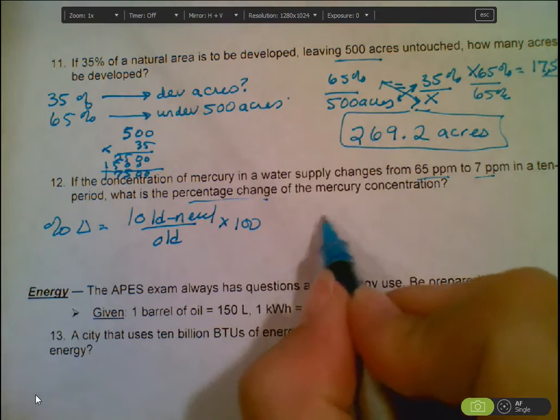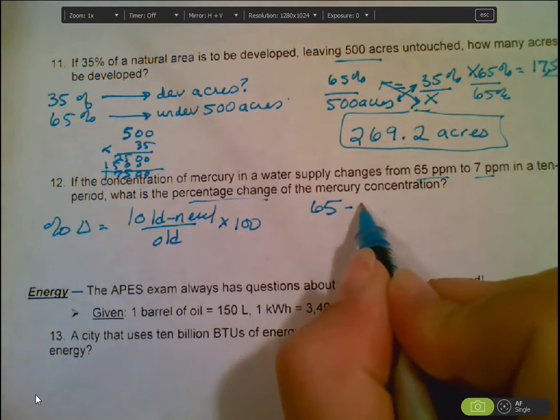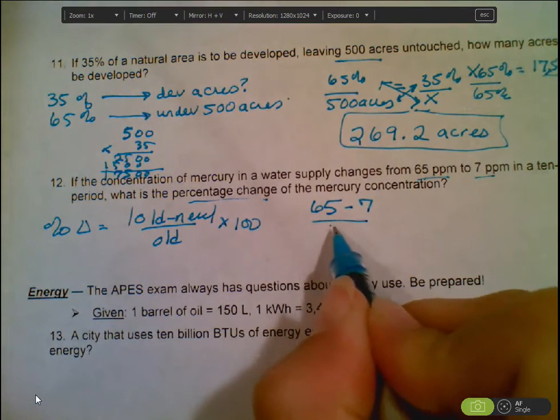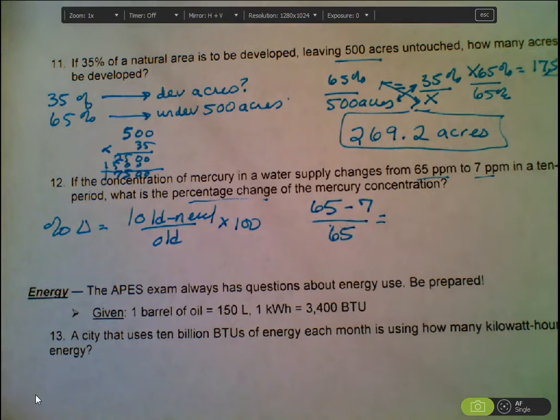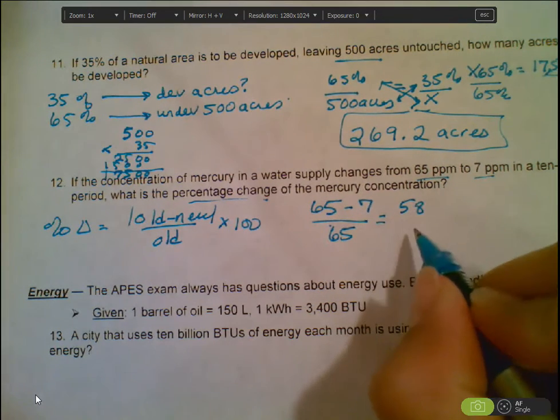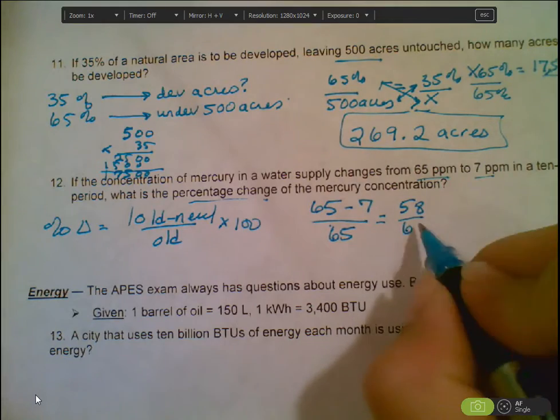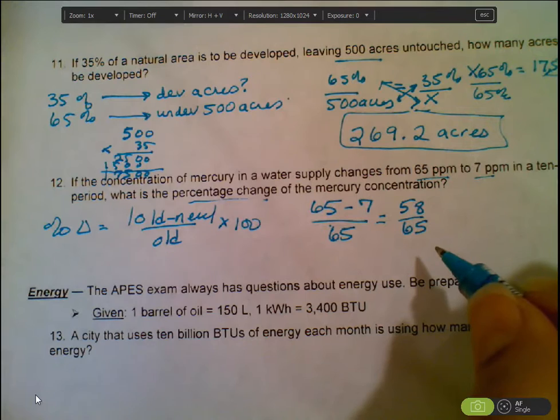So it goes from, wow, that's a big drop, 65 to 7. So now what do we do here? All right, you have to subtract, and so you get 65 minus 7, that's 58, over 65. And of course, it's going to be times 100.